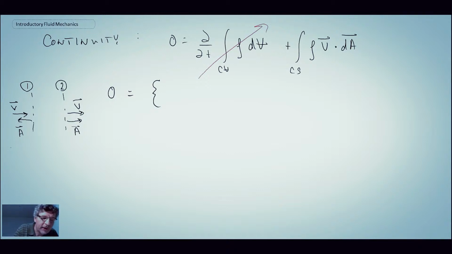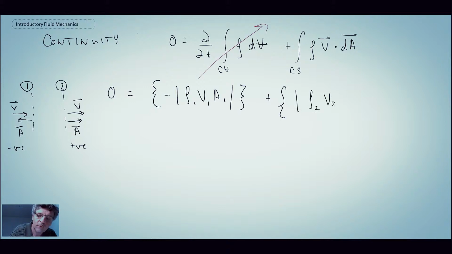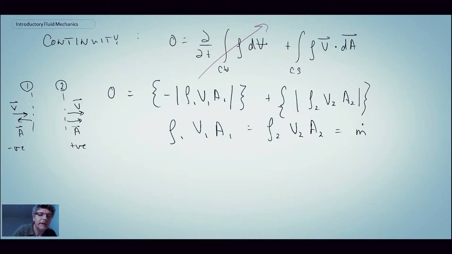So the dot product here is a negative, and the dot product here is a positive. Okay, so those are equal to the mass flow rate. That's what we get out of continuity.